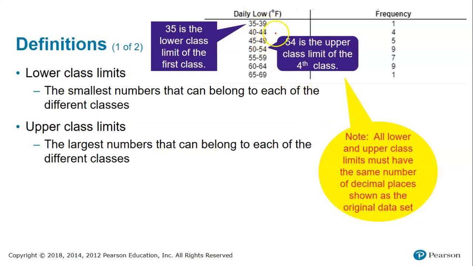One thing to keep in mind when you're giving the lower and upper class limits is that they have to have the same number of decimal places shown as your original data set. So if I had whole numbers in the data set, then these would be whole numbers. If I had data showing one decimal place, then these would also need to show one decimal place. So it is relevant to the number of decimal places shown in the original data set.